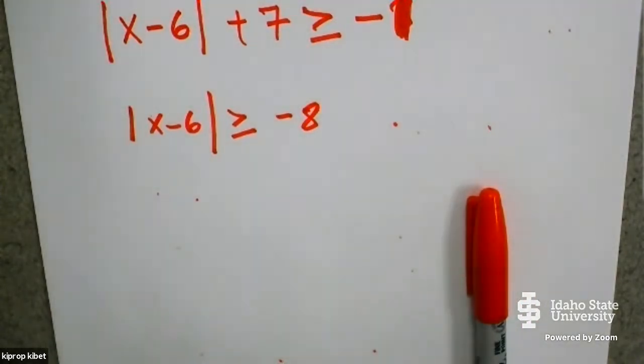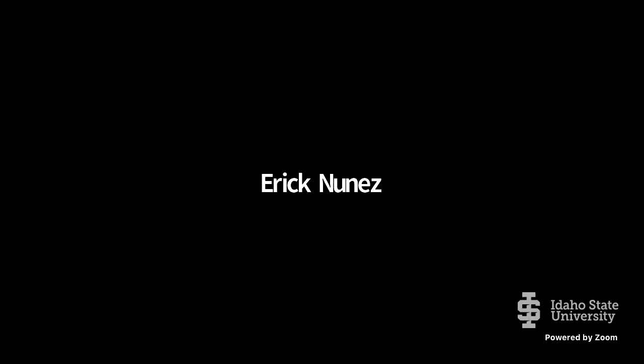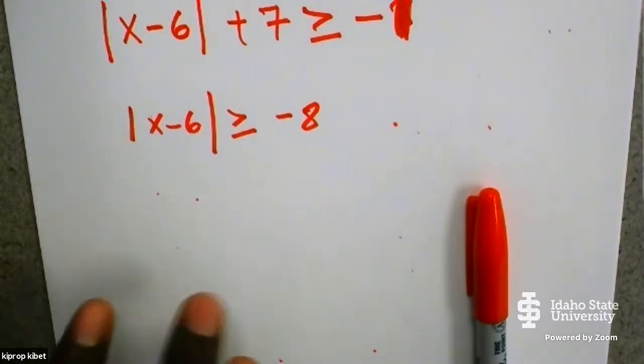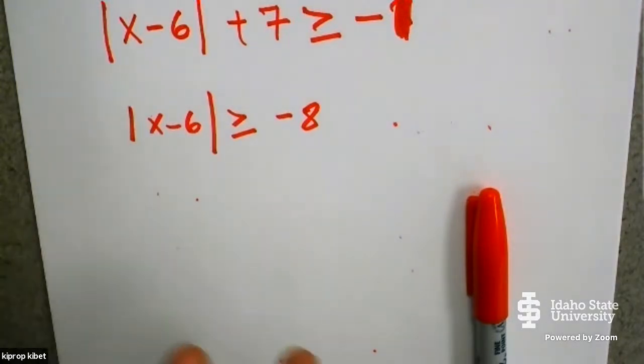Now, look at this. No solution? Really? If we have the absolute value of something, the absolute value is plus or minus, right?